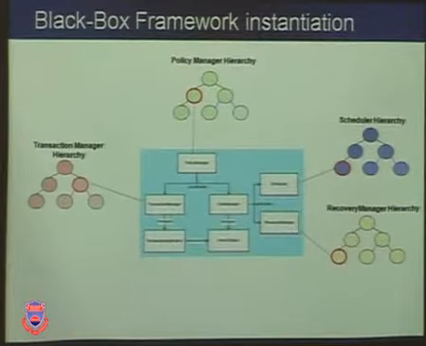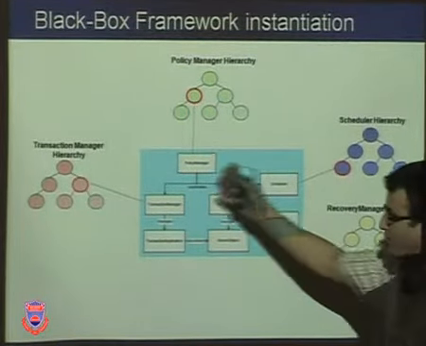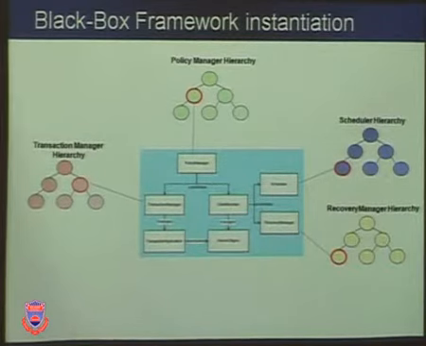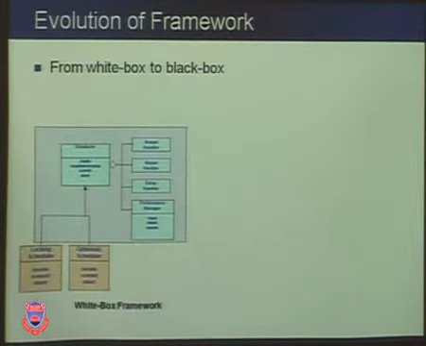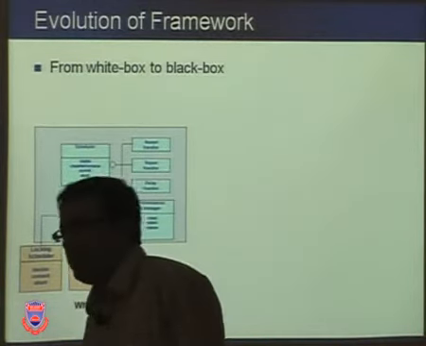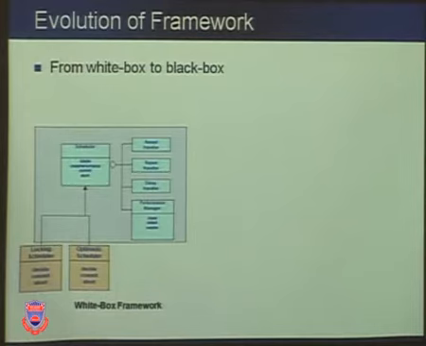Okay. This is an example. It's the framework. We just want to instantiate the framework, and we have some components here: transaction manager, scheduler manager, recovery manager. What we do is instantiate and then define it here. It composes the product, and the overall framework defines the composition and integration of the components. Usually, frameworks can evolve from white box to black box frameworks.